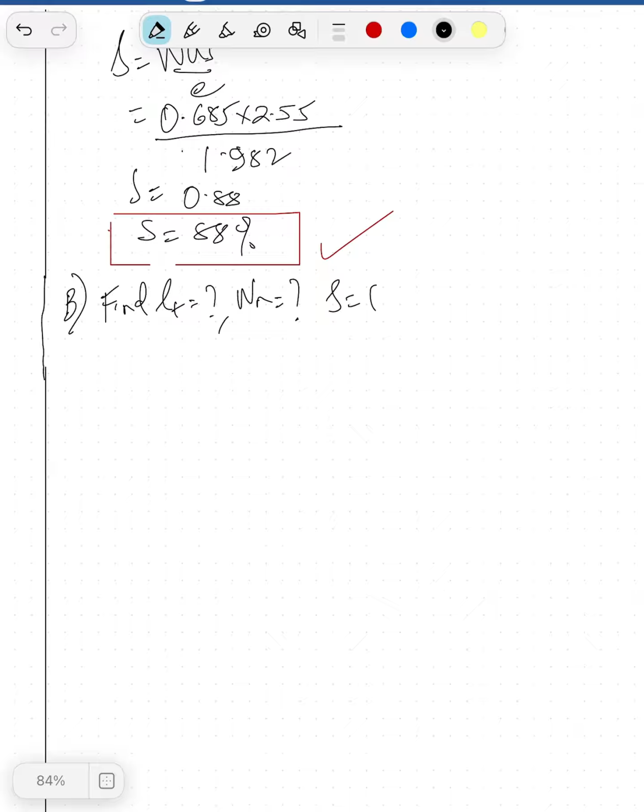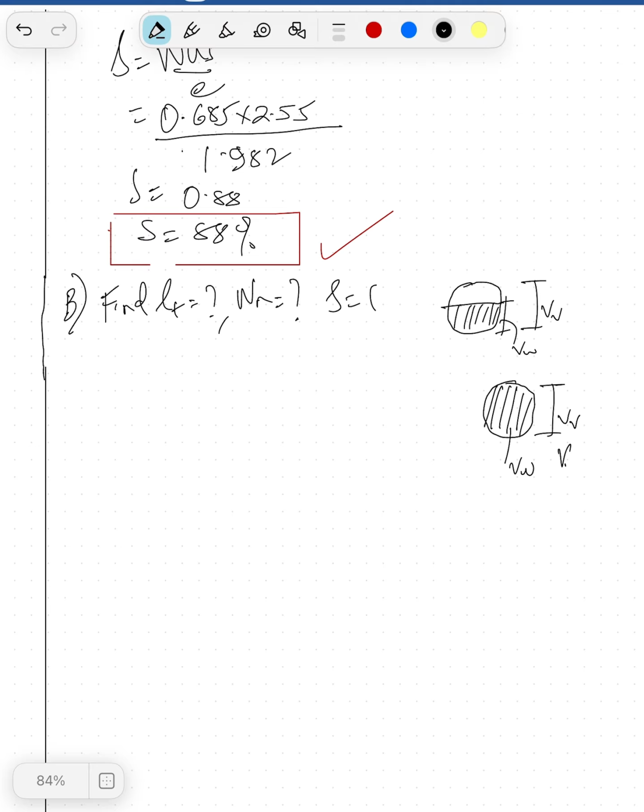What does that mean? It means that you have a void space. Initially, the total void wasn't filled with water. It was not fully saturated. Now, water occupies all the void space, so the volume of water is the same thing as the volume of void when S equals 1.